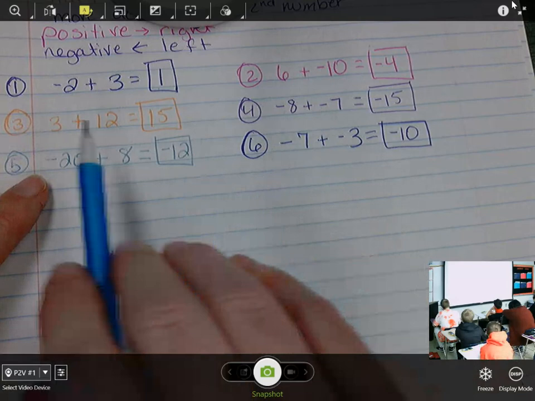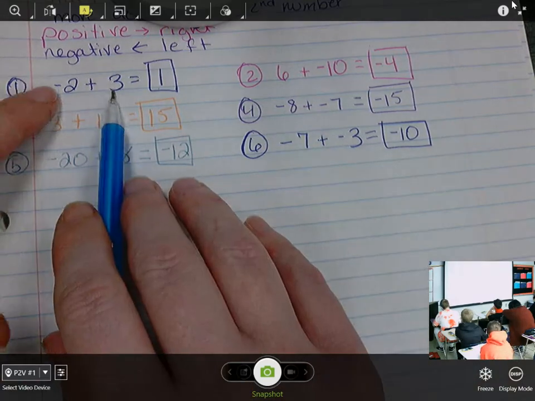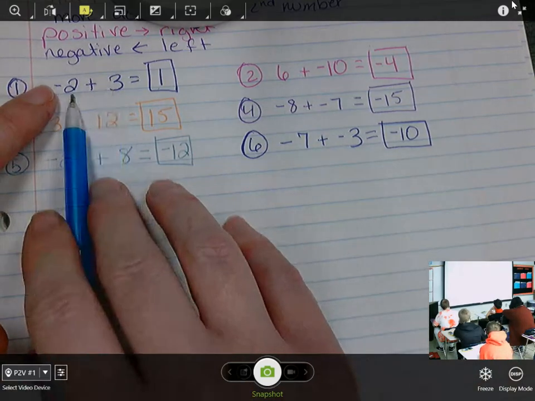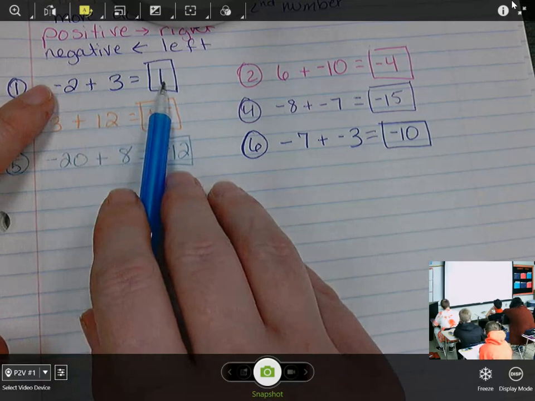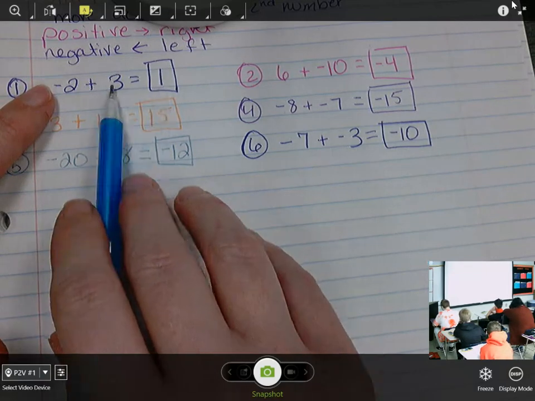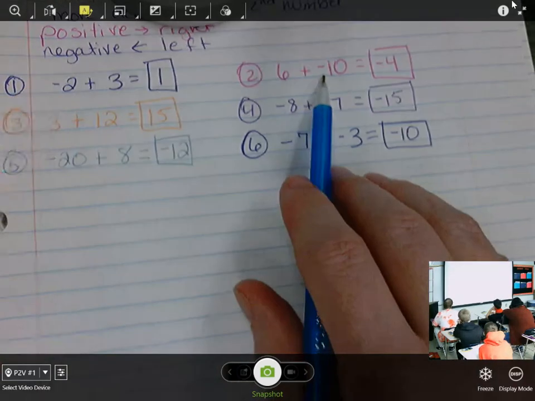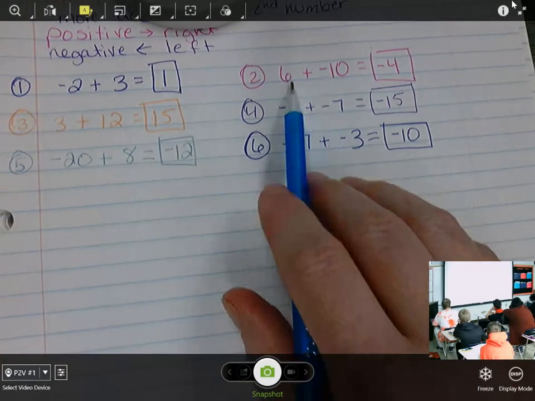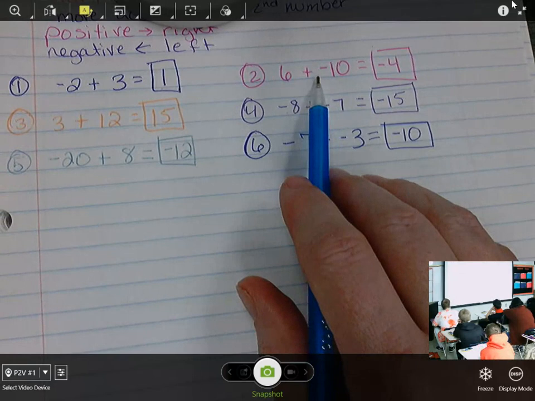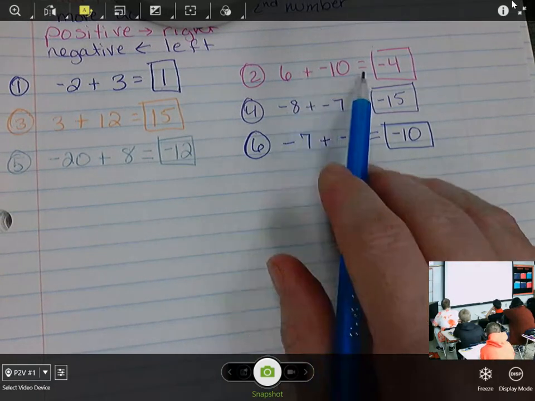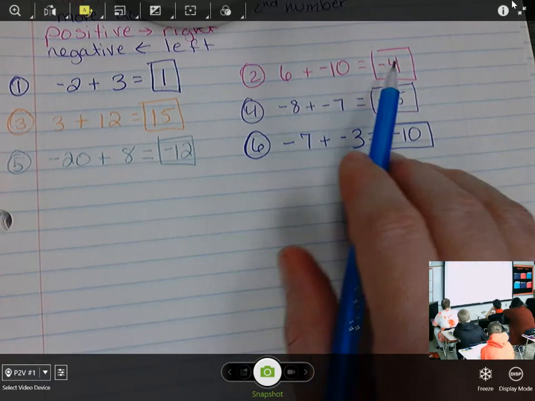Alright, so if you notice here, anytime the signs were different, you could just do 3 minus 2, which is 1, and then take the sign of the bigger number. So since 3 is bigger, it would be positive. Here, 6 and negative 10 are two different signs. So you subtract. 10 minus 6 is 4, and 10's bigger, so 4 would be negative.